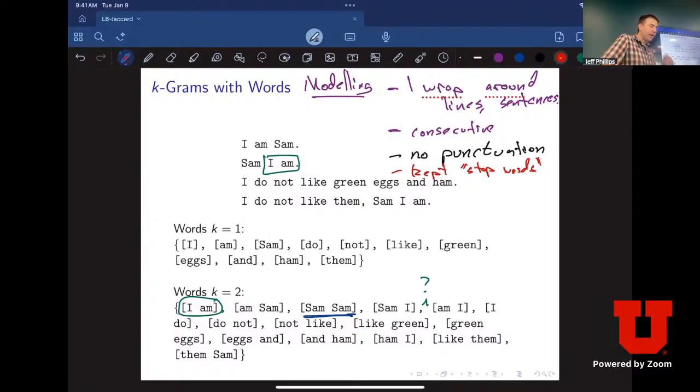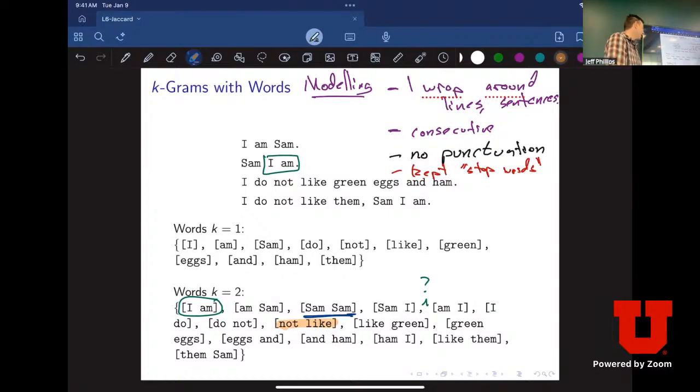But what is really nice about the K=2 K-grams is that the only place that "like" is showing up, I have it paired with "not." So this document is about not liking something.